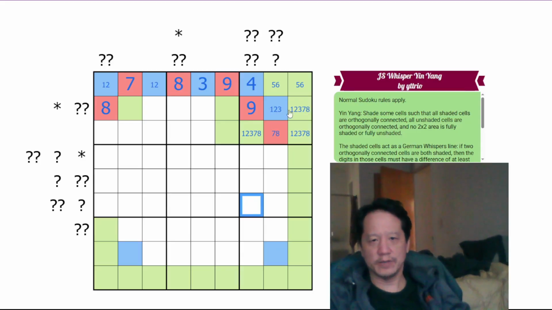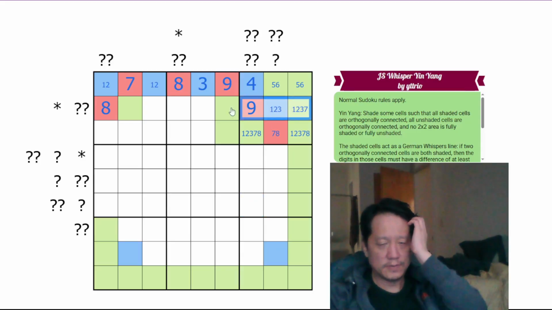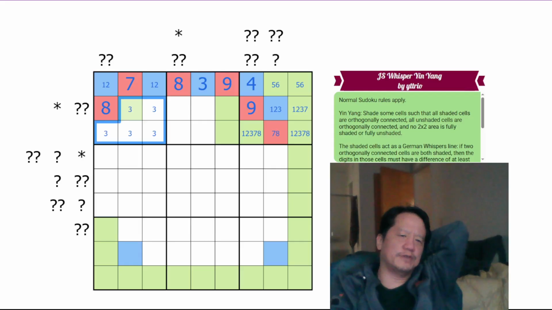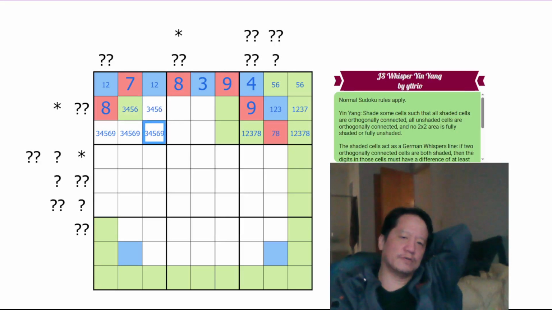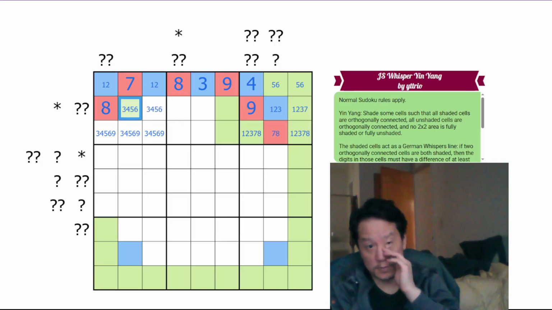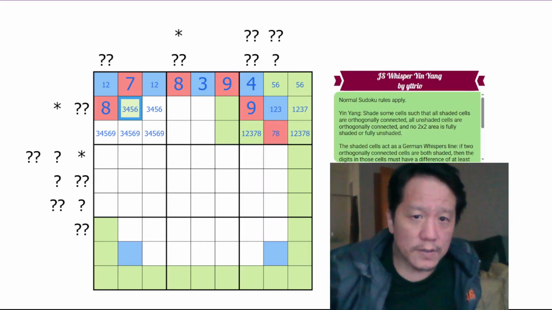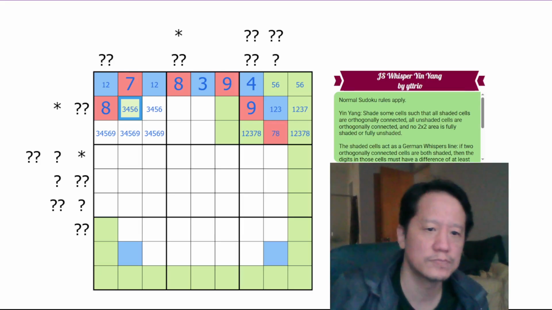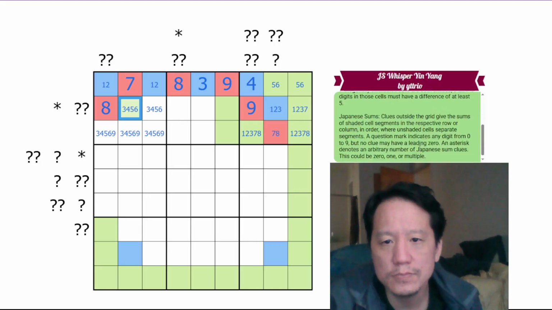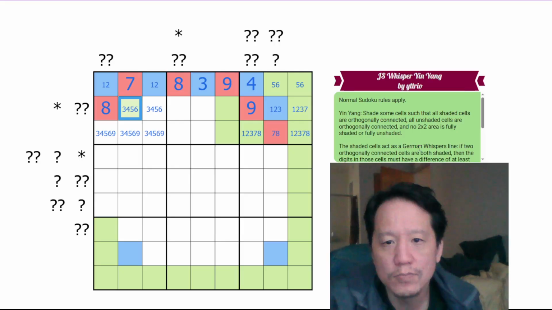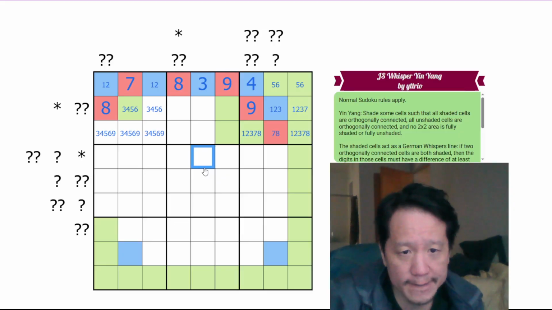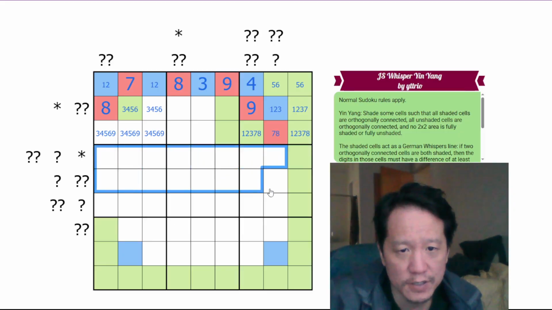Okay, this can't be 8. Remaining digits of box 1 are 3, 4, 5, 6, and 9. 9 cannot be either of these. Okay. We have to figure out this shading.